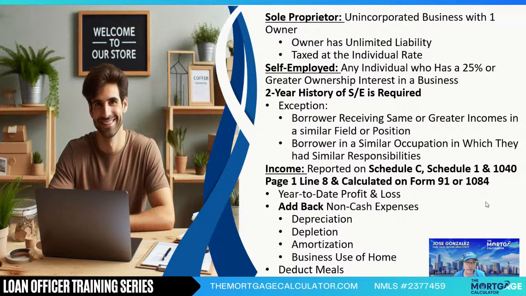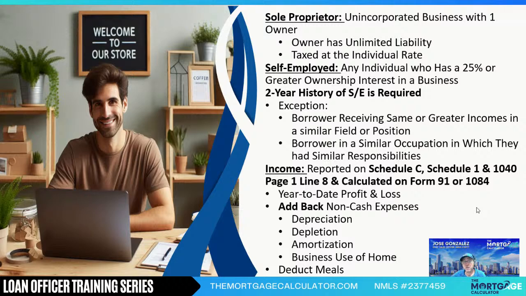If it's in the first quarter and you have the current tax return for the year, like 2024 now in January, for example, of 2025, then you would not need the P&L because you're in the first quarter of the tax reporting year. And if you have that year's tax returns, you're good. But once you pass the first quarter, a year-to-date P&L signed by the borrower will be needed. The P&L does not have to be prepared by the accountant. It can be prepared by the borrower, but it does have to be signed and dated.